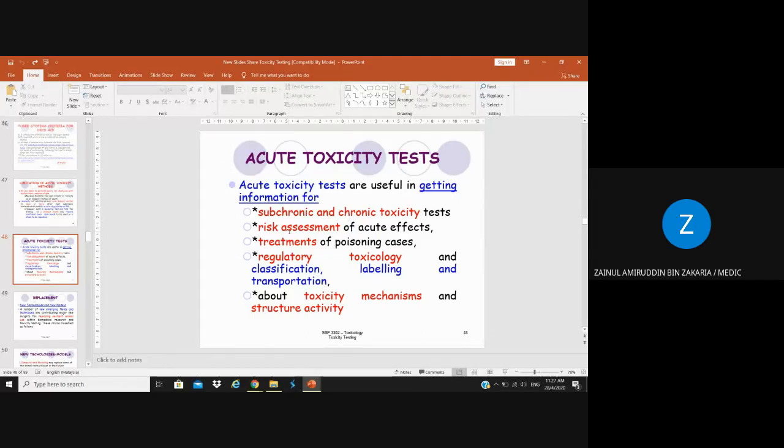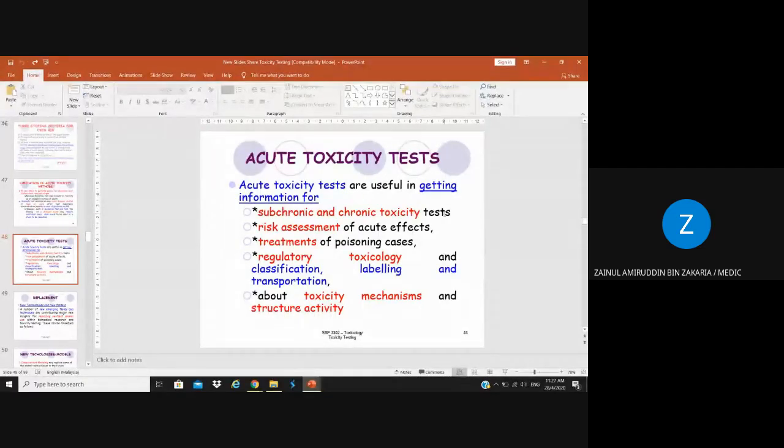You get an idea for subchronic and chronic toxicity tests. In acute toxicity, you give the rats or the mice one dose only, whatever the dose is, whether it's 300 or 2,000, you give it once only to the animal.